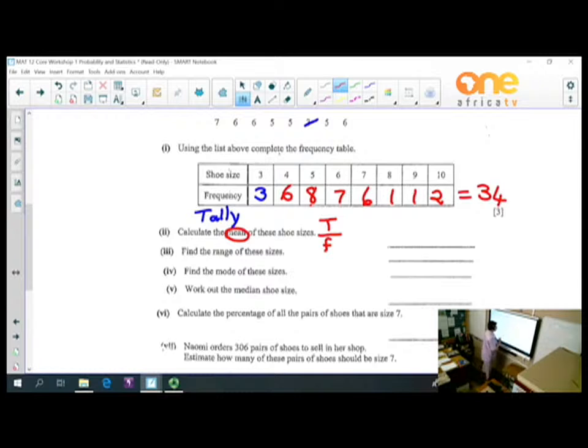So we just add the total, but now there's 3 with a frequency of 3, 6 with a frequency of 4.